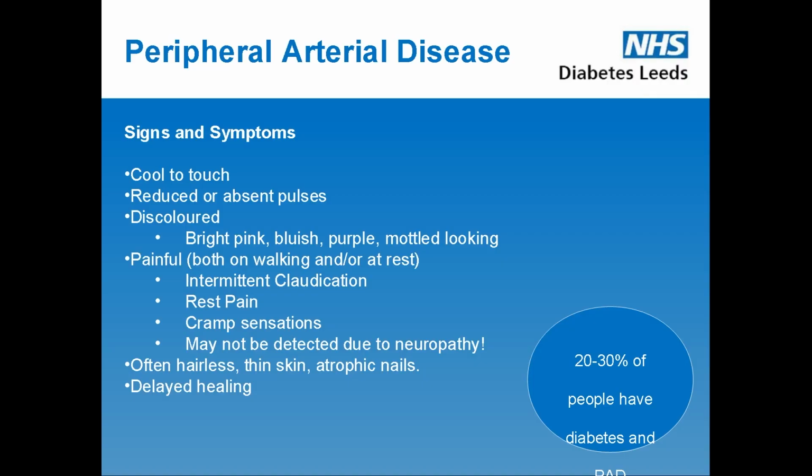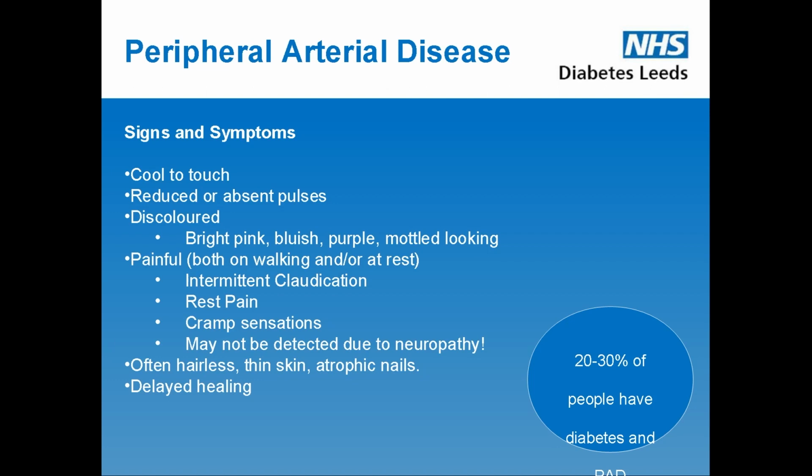When we're looking at peripheral arterial disease, the areas to consider at risk or needing further investigation is when they are cold to touch, discoloured, purple or blue. There is intermittent claudication or cramping in the calf.